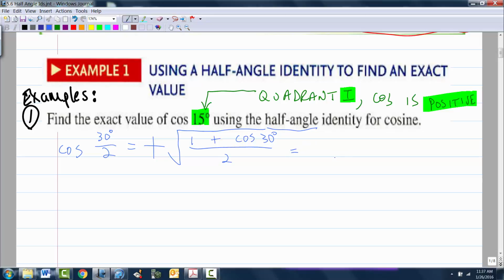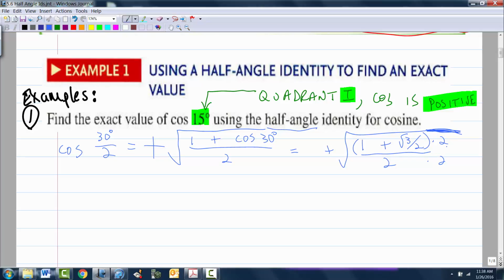And why this can be exact is we know the cosine of 30. What is the cosine of 30? Root 3 over 2, and you better be that fast in calculus. All right, and then I just have a quick trick on this. You can kill 2 birds with 1 stone by multiplying underneath the radical by 2 over 2.